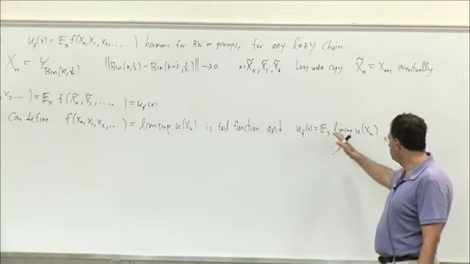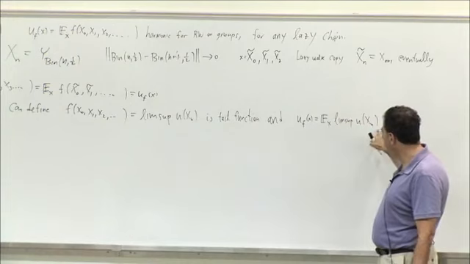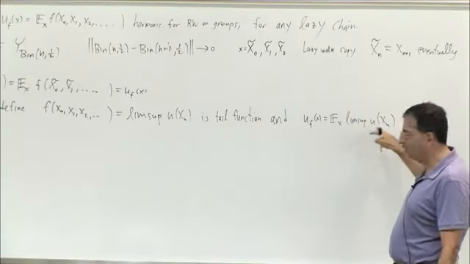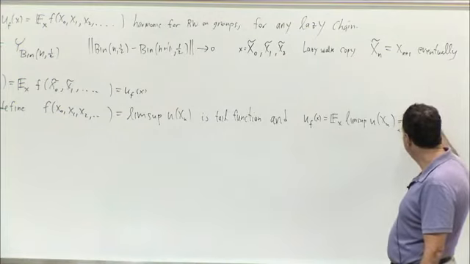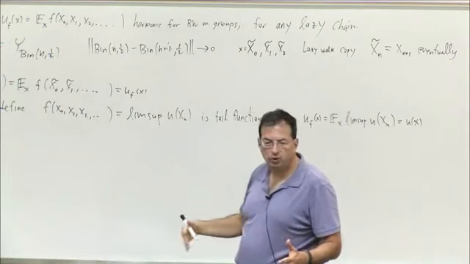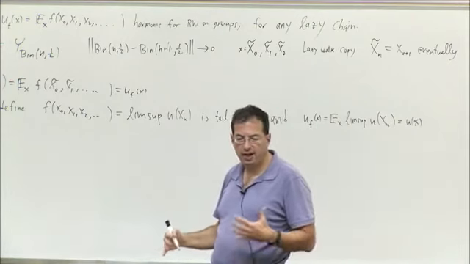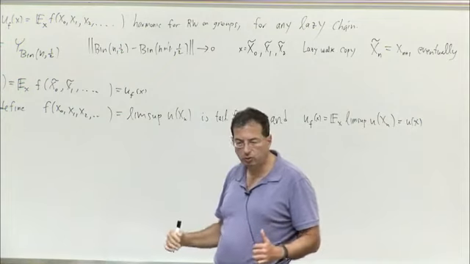So with probability 1, this lim sup is the limit, and the expectation stays the same for a martingale. So this expectation will just be equal to u of x. So there is a one-to-one correspondence between tail functions on the sequence space and harmonic functions on the group.